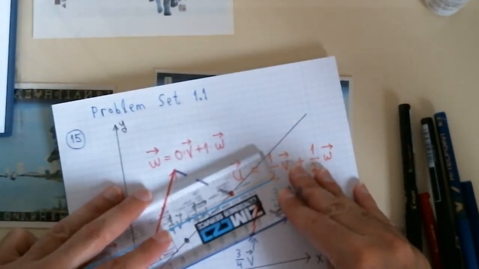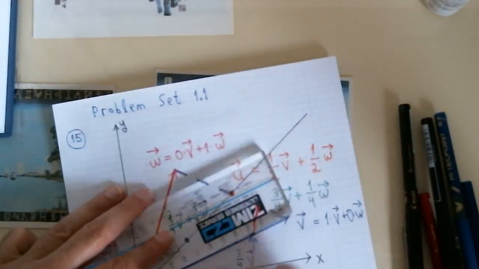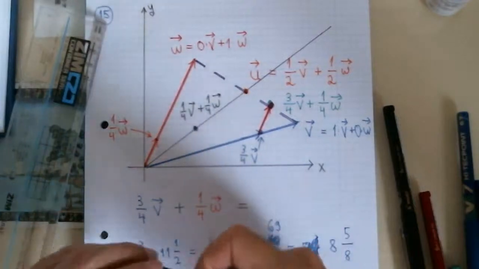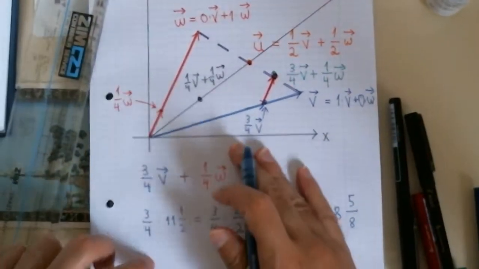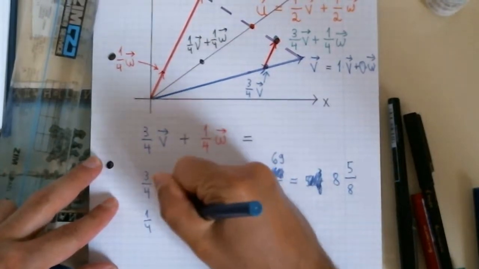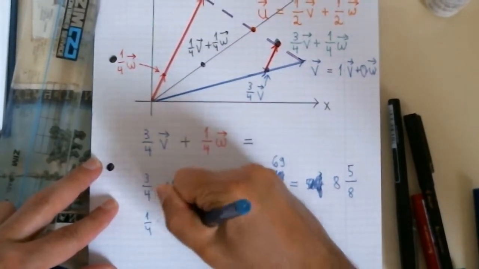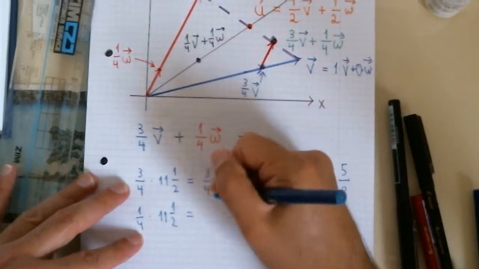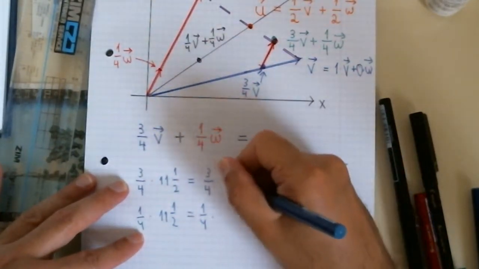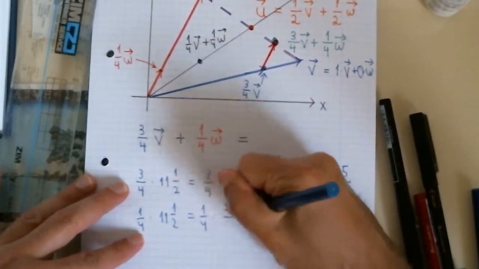If we have here 11 and a half, let's say, a quarter times 11 and a half equals a quarter times, we said it's 23 divided by 2.